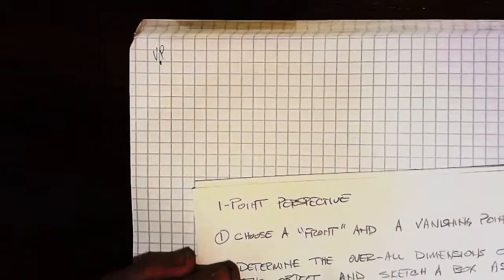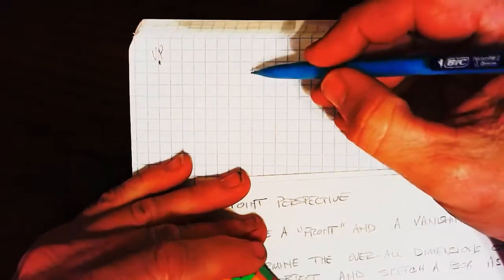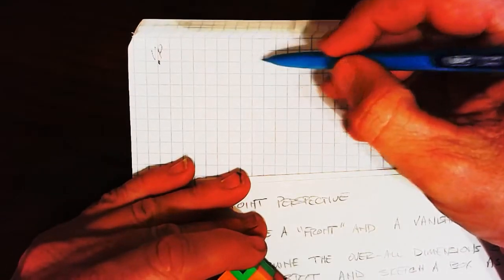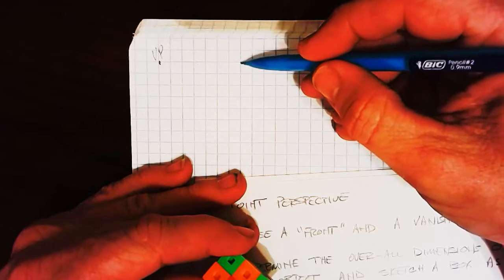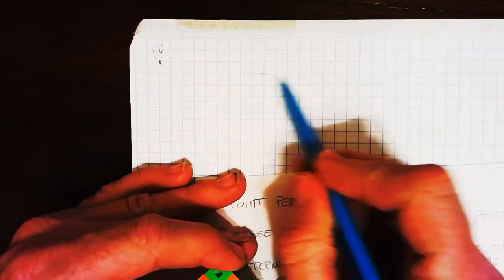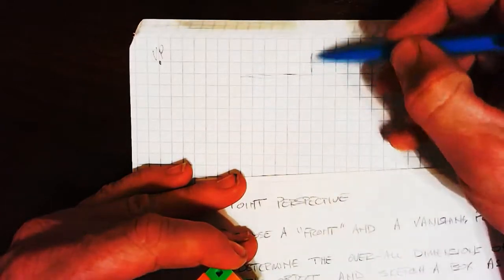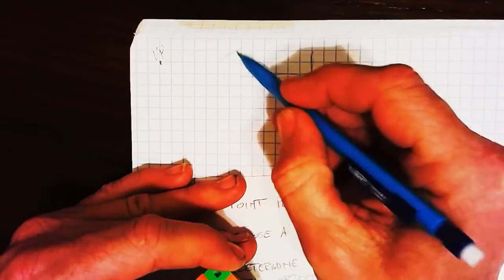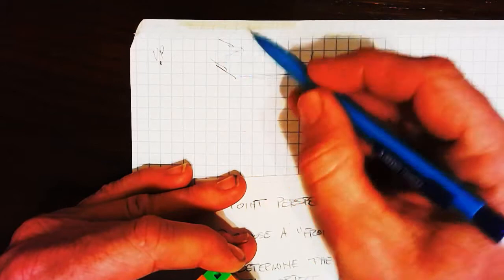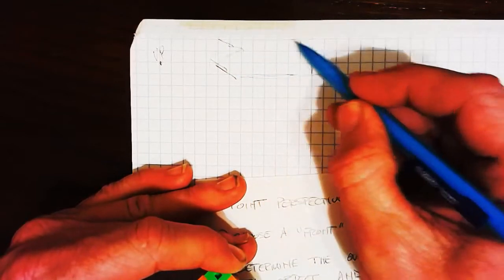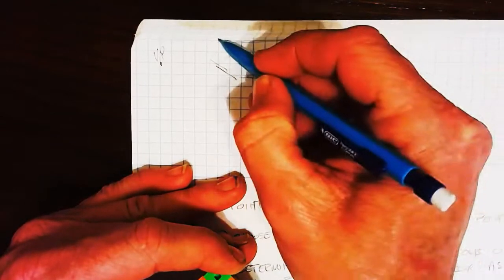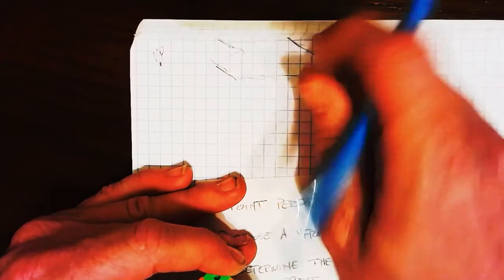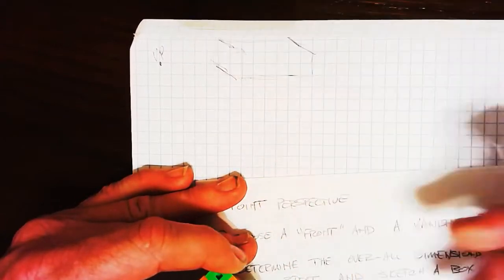In the upper part of your paper, somewhere where it's not going to be in the way, quickly sketch a box that is roughly 5 by 2 by 3. It doesn't even have to look perfect.